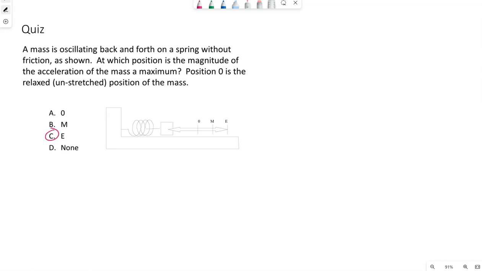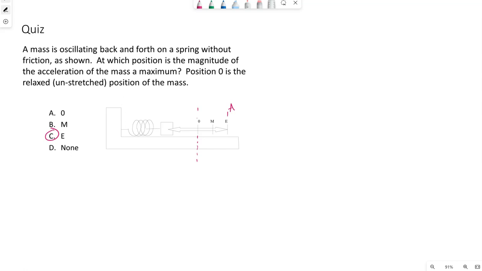So the correct answer here is C. They tell us that 0, O, is the relaxed or unstretched position. That means that's equilibrium. E is the maximum distance, so the amplitude. M is somewhere in the middle. We know the acceleration is a maximum when the displacement is a maximum.